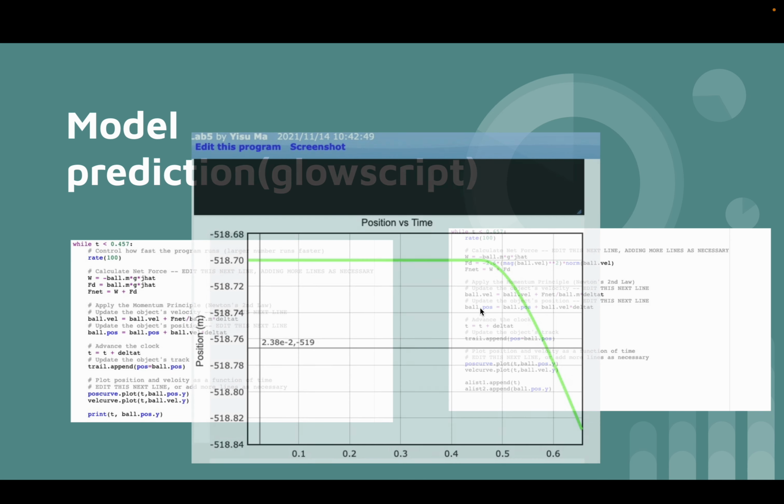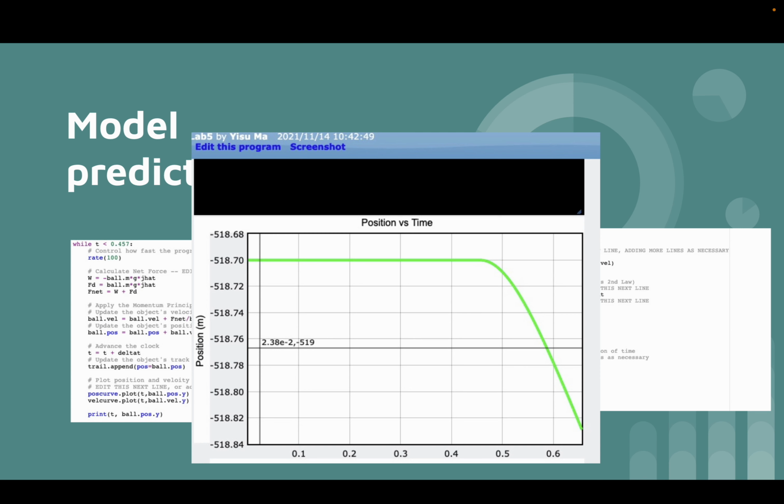And here's my result. As you can see, it's a very ideal model. It suddenly drops at t equal to 0.457.